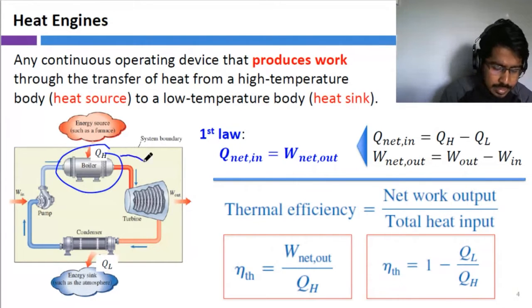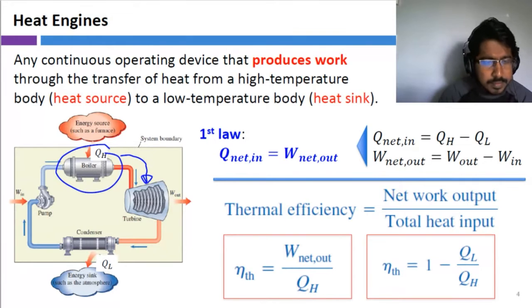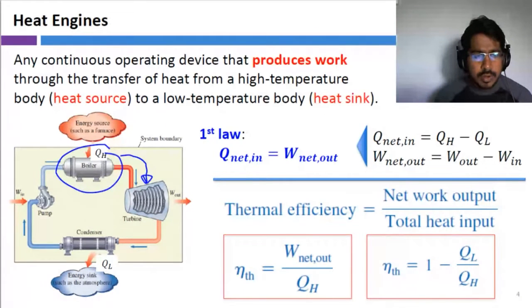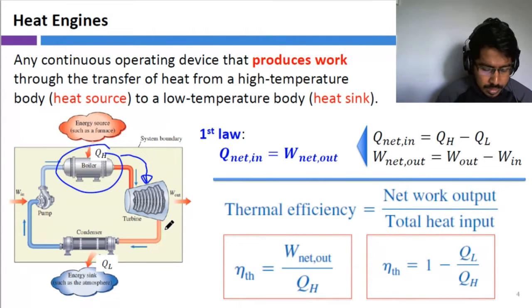And then the heated steam goes through the turbine so that the shaft work can be generated. As the steam goes through the blade series, the shaft rotates at a certain output, this many kilowatts.